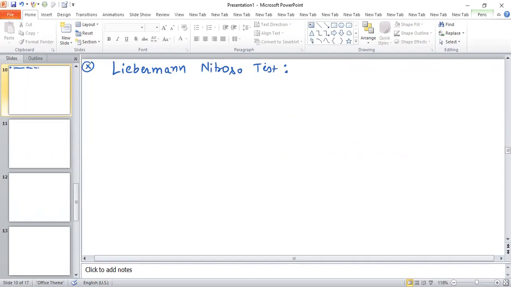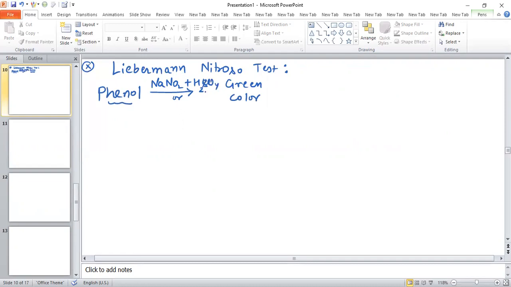So what happens? You can easily identify. Basically, see the series of this reaction. First phenol reacts with NaNO2 plus HCl. Then a green color is obtained. When phenol reacts with NaNO2, you can also add H2SO4.